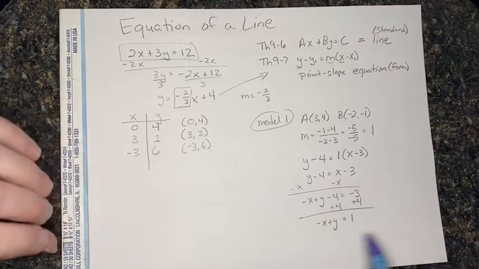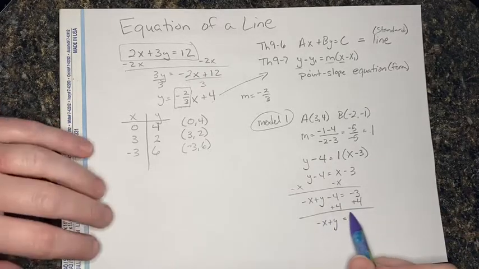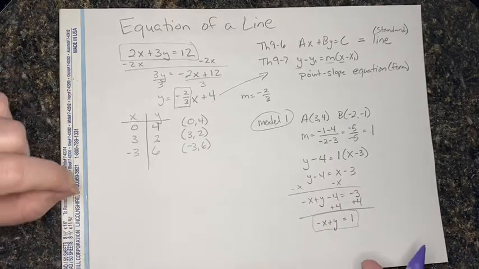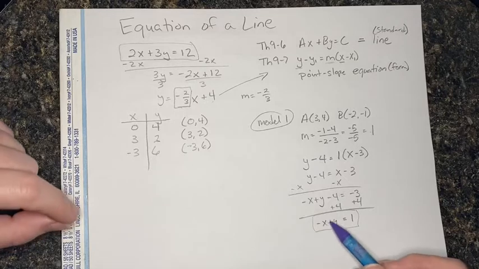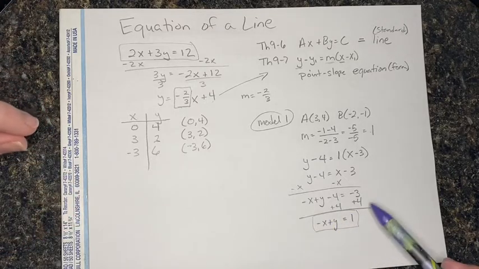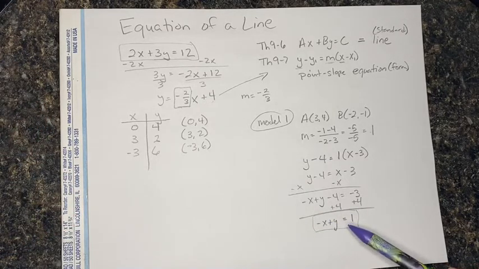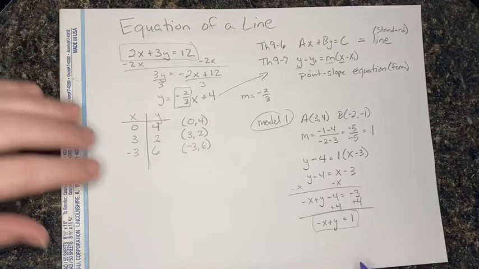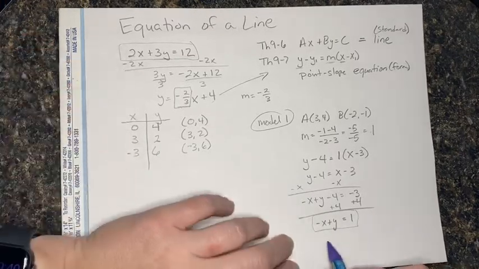Okay? Now, this is a proper answer. You can be happy and content, and that can be your answer. A lot of times in the book, though, they do not want your x to be negative. And sometimes if you're looking at the answer sheet to check your work, they will show it written with the x being a positive number, because that's how a lot of times it's recorded.